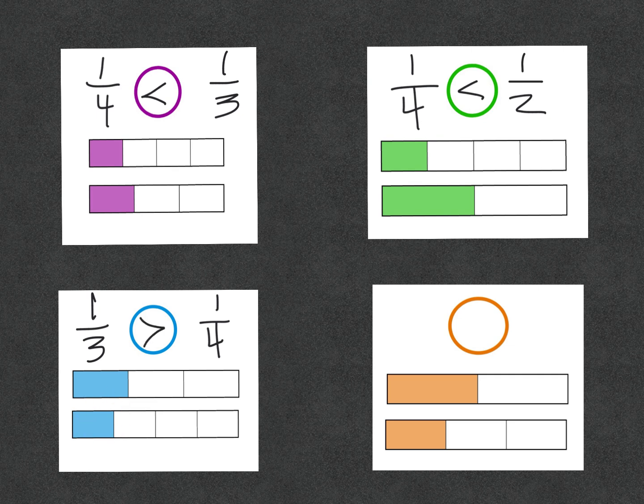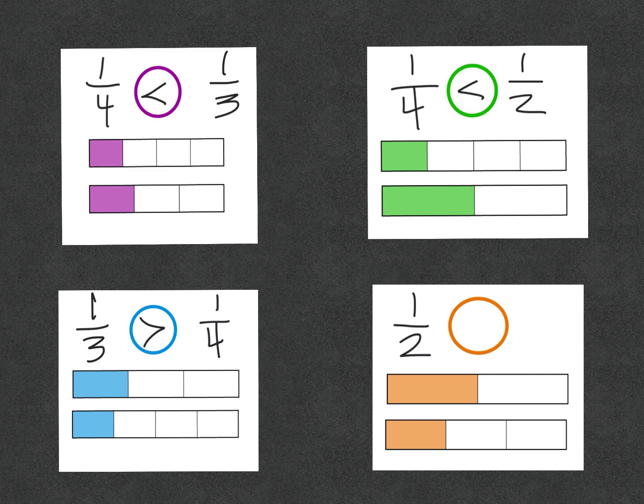Lastly, let's take a look at our orange group of fraction strips. We have 1 whole split into 2 equal parts with 1 shaded, giving us 1 out of 2 parts.